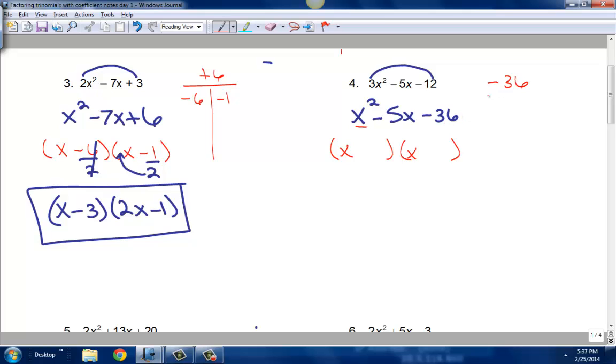Negative 36 is the piece that I'm going to find my t-chart for. Let's see, I've got maybe negative 9 and positive 4. I think that's it, because negative 9 times 4 is negative 36. If I add these two numbers, I'd get a negative 5.